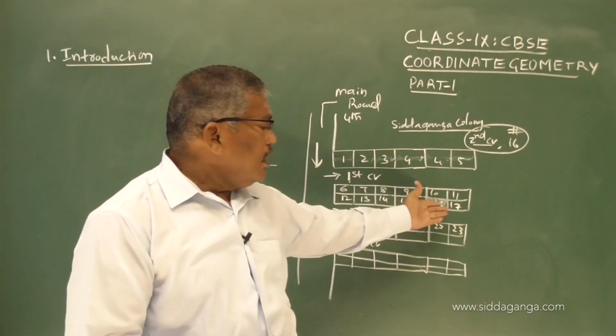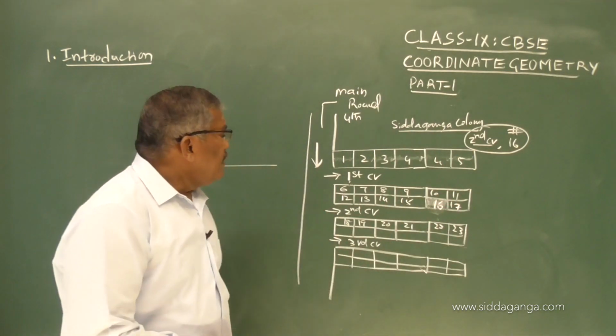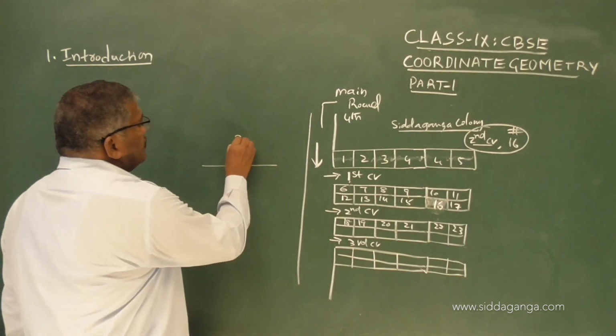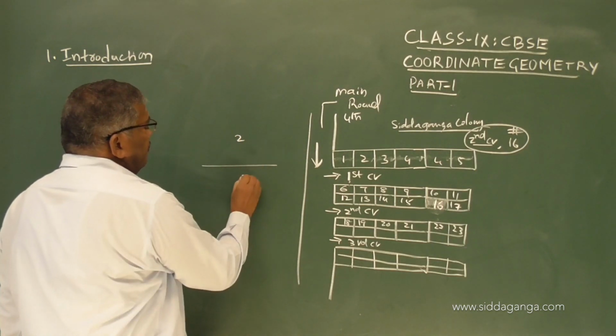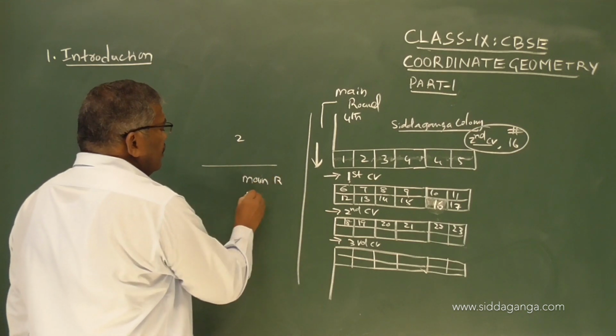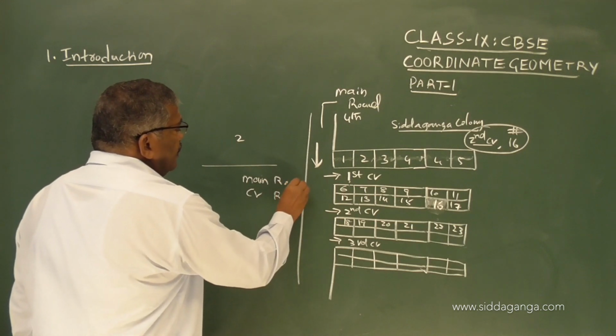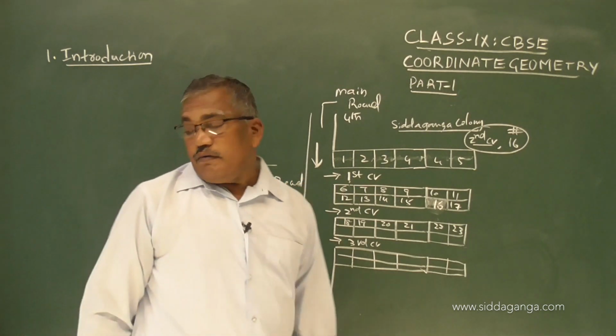So, my house is house number 16. So, if such thing is there, we tell it as two references. So, that is one main road and cross road. So, these are the two references.